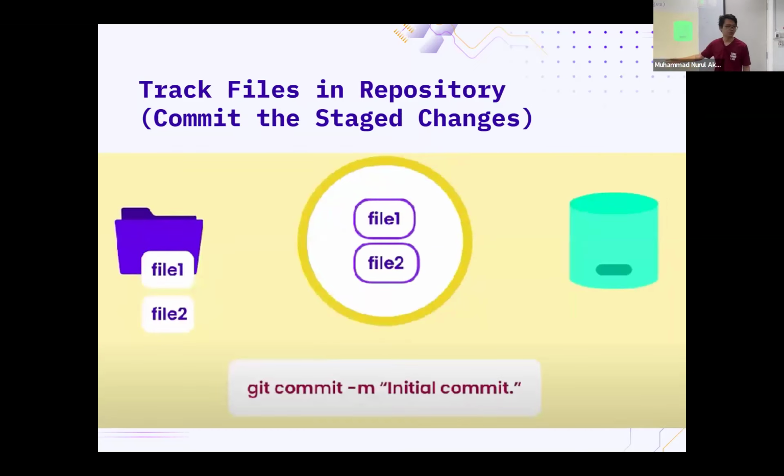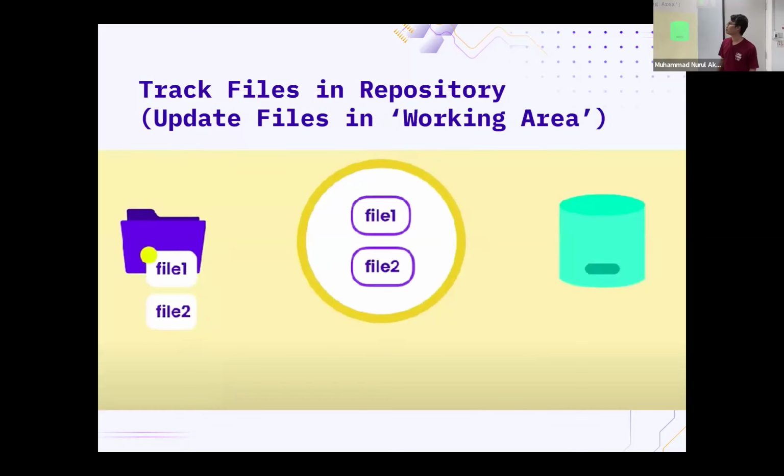We'll demonstrate the commit later. And then you realize that there are some mistakes in one of the files. You see the yellow circle there, it indicates that the file has been modified. In that case, you need to add the modified file again to the staging area, because the last time you added the file, it was still the previous version before you modified it.